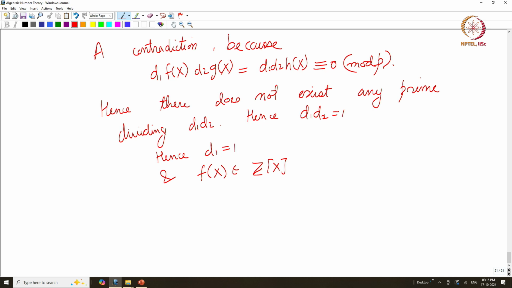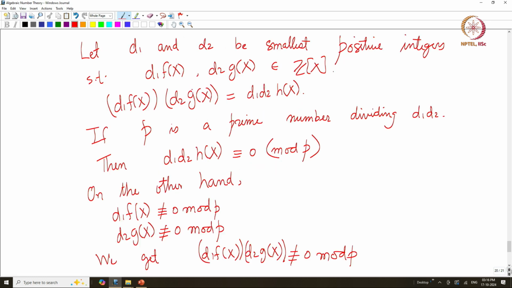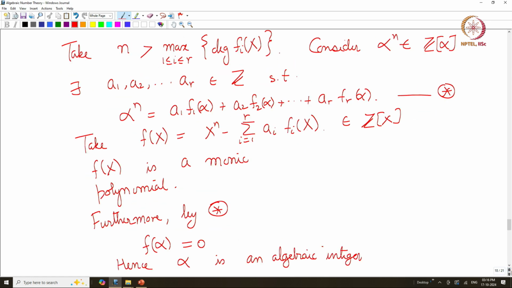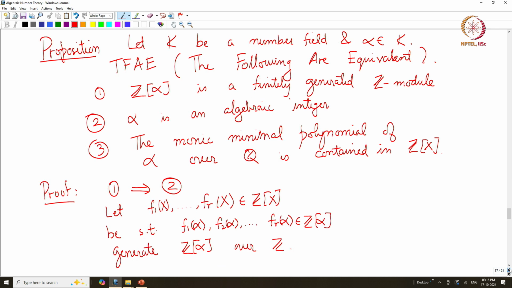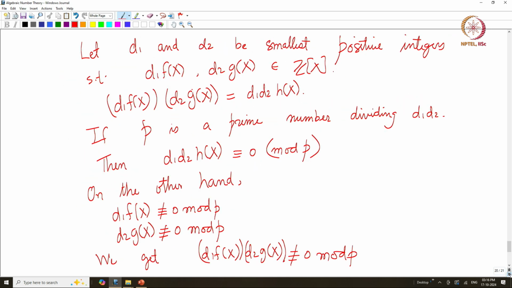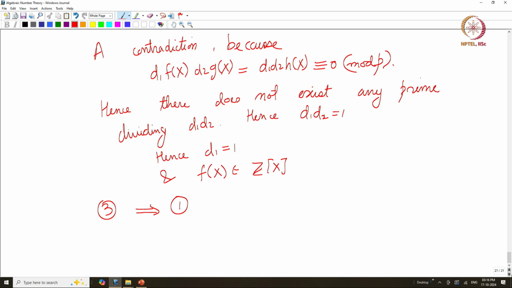So, let me finish this lecture by proving 3 implies 1. So, what is 3? Let me take you back to the statements. So, 3 says that the monic polynomial of alpha over Q is contained in Z[x], and from that I want to prove that Z[alpha] is a finitely generated Z-module. Okay.